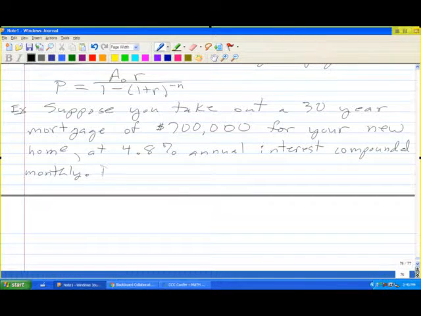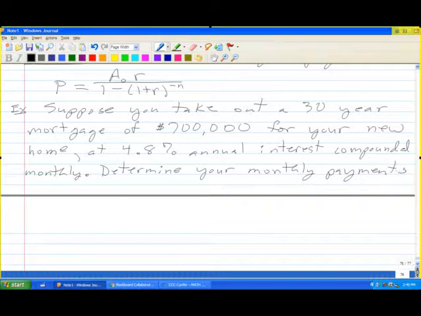Determine your monthly payments on this mortgage.